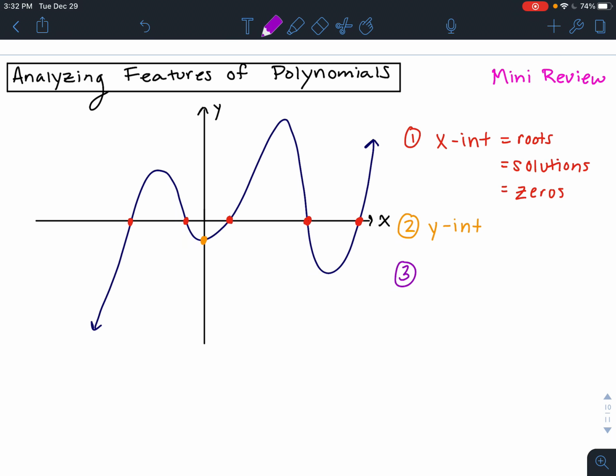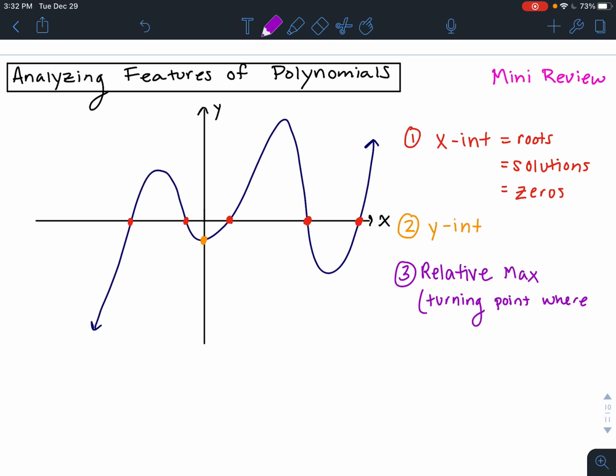And then some other words that we might be trying to find are relative maximums. So visually, these are the tops of our hills. So this is a turning point for the function.